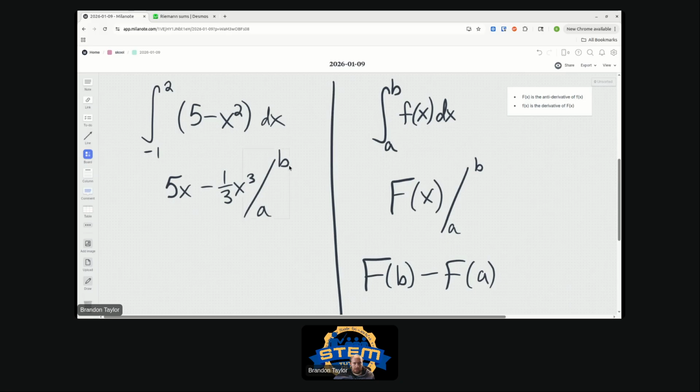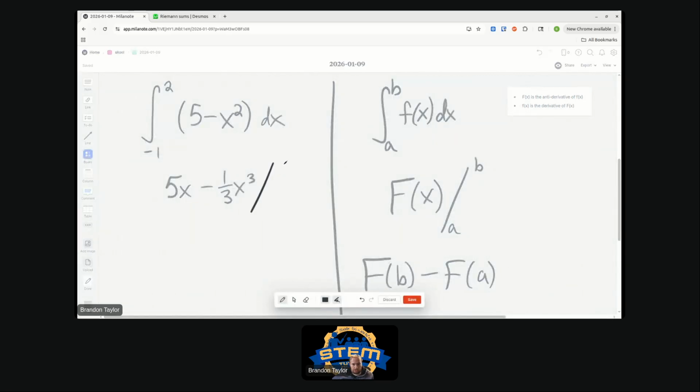So how do we do this? Think about what B is here. B is 2, A is -1, right? And then how do we do that? Well, first, we just plug in f of 2. What's f of 2? Well, it's 5 times 2, minus 1/3 times 2 cubed. So that's like f of b, what we've written so far.